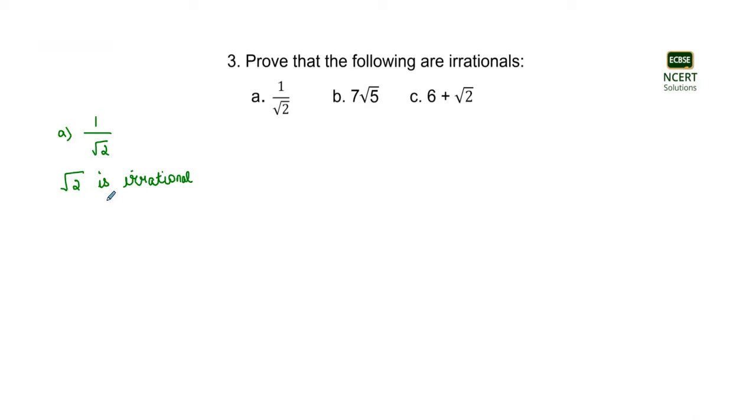If root 2 is an irrational number, then the reciprocal of an irrational number is also irrational, which means that taking the reciprocal of root 2 gives 1 by root 2, which will be an irrational number.